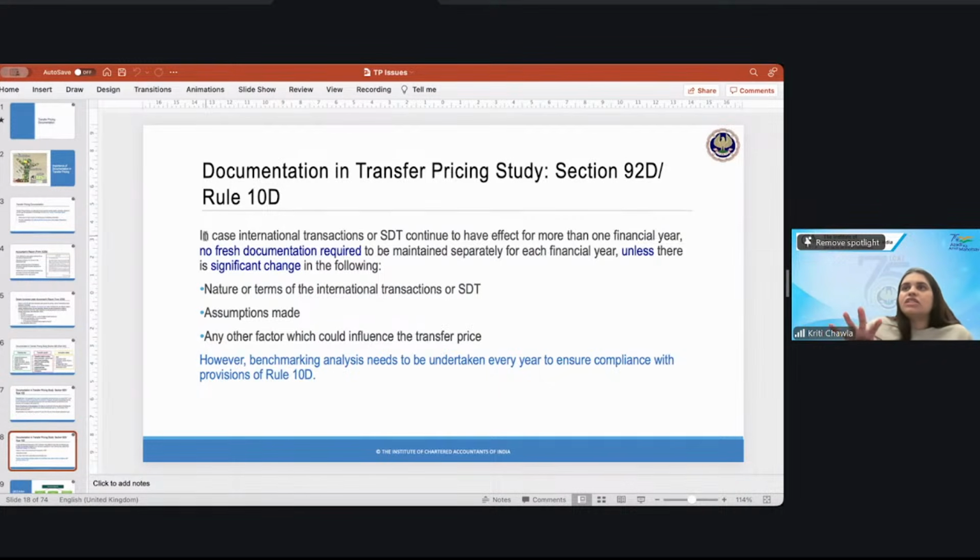While the law says that no fresh documentation is required unless there is a significant change, this benchmarking analysis of finding out comparable companies is to be done every year in any case to make sure that there is compliance with Rule 10D. So yeah, that is basically the TP study.